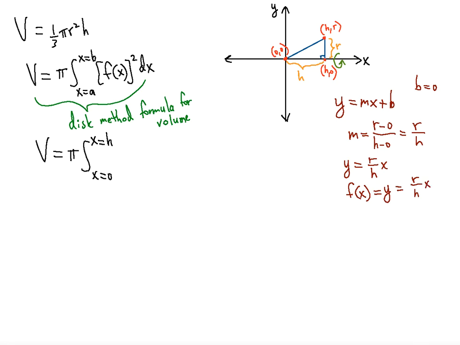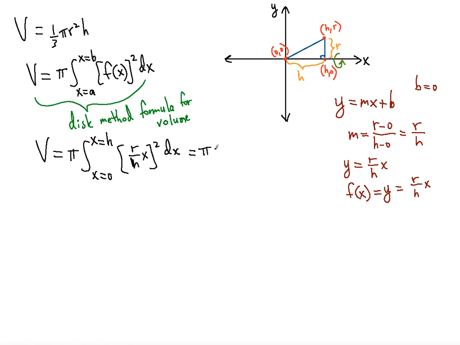So now you have found your function of x, and you can input it into the disk method formula for the volume. So you're going to get r over h x, square that, and then dx. So then it's going to be fairly easy. Let's take the r and h out.